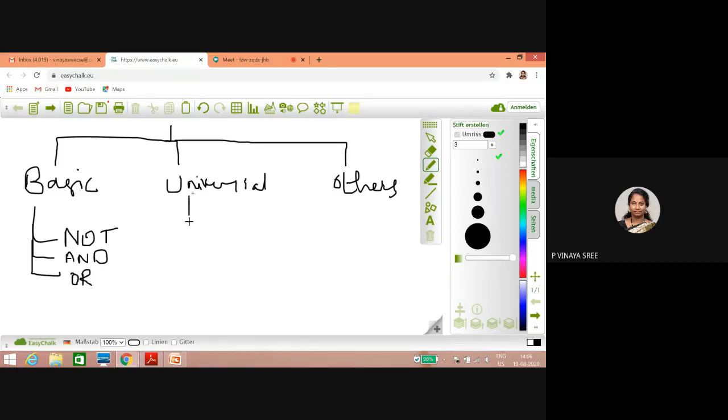Under universal gates we have two: one is the NAND gate and the other is the NOR gate. In your exam, a short answer question may ask you to list some universal gates. The other exclusive gates are XOR, the exclusive OR gate, and the exclusive NOR gate.